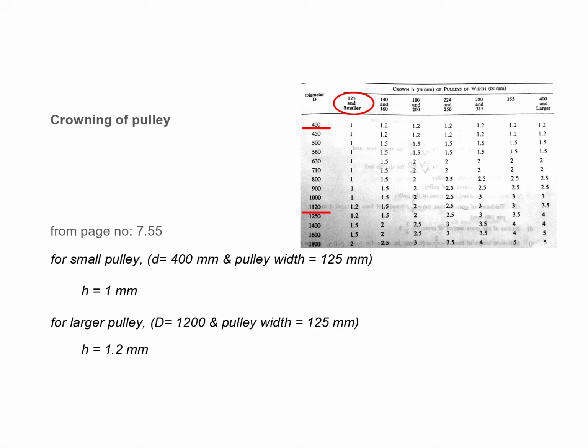So in this case, for 400 mm and 125 mm, h equal to 1. And similarly for the larger pulley, for d equal to 1200 mm and pulley width equal to 125 mm, h equal to 1.2 mm is given. Thank you.